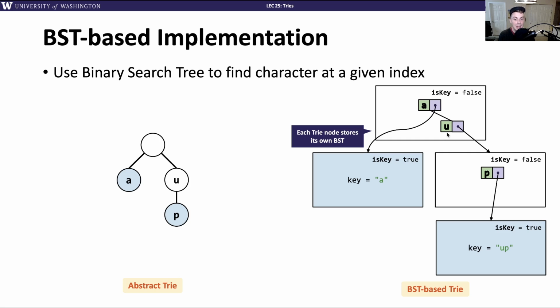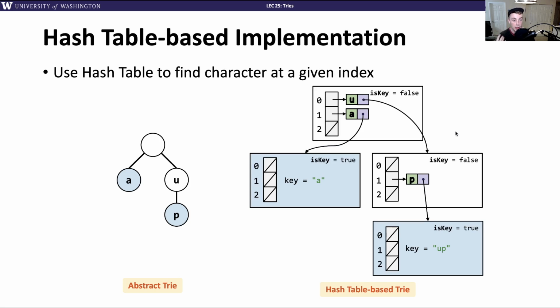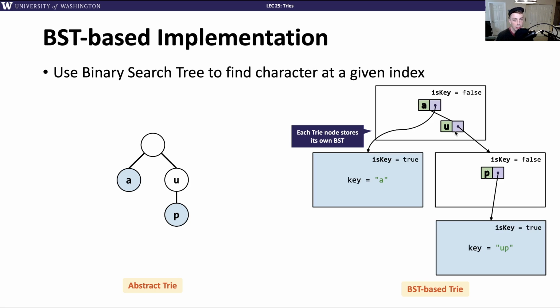So instead of using that hash map with the letters A and U for the next children, you can use a small binary search tree. And you can efficiently look up in that binary search tree with a little log operation, log here being in terms of the number of characters possible, 128. You could just search down this little tree to find the next available child.